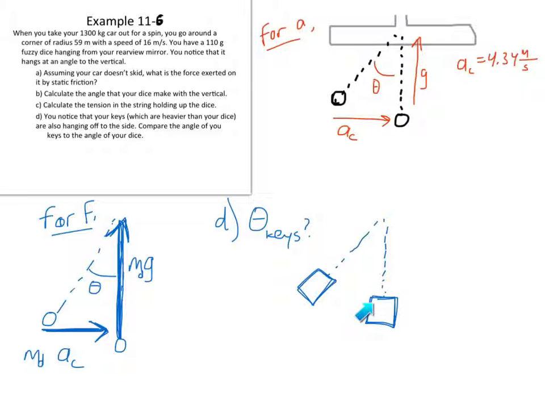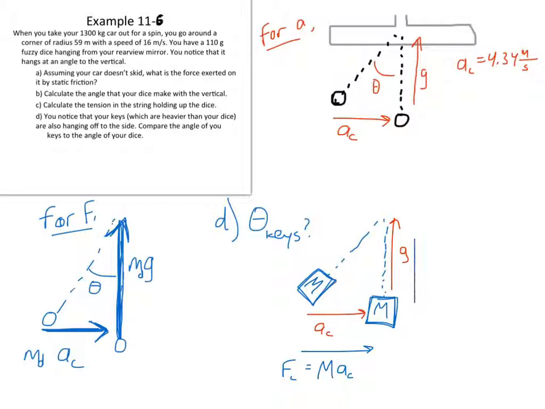Why? Because every part of the car, whether it's the keys, the dice, the car itself, is experiencing the same centripetal acceleration and the same vertical acceleration, which is gravity. So if we simply multiply each of the accelerations by the mass, we'll call the mass big M, we should be able to say the centripetal force in that direction is the mass times the centripetal acceleration.